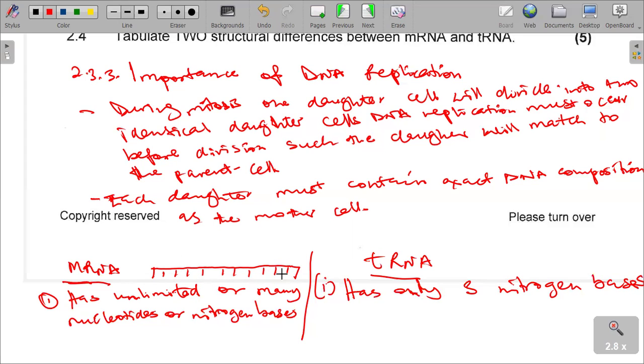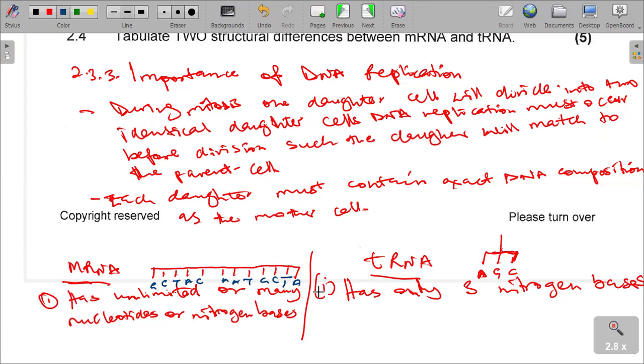And in tRNA, you can remember that it has only 3 nitrogen bases, for example AGC. Here in mRNA we can give as many as we can, for example G, C, T, A, C, A, T, G, C, T, A. You can see that there are many nitrogen bases there, unlike in tRNA, which has only 3 nitrogen bases.